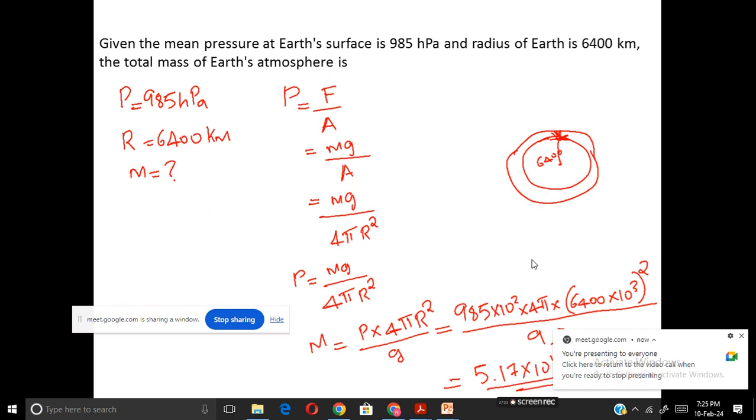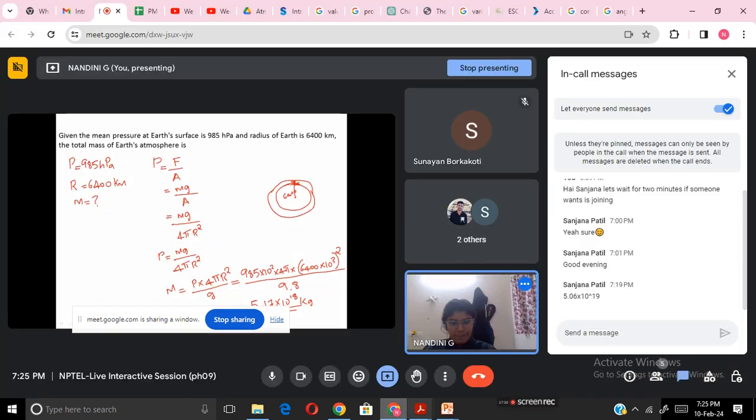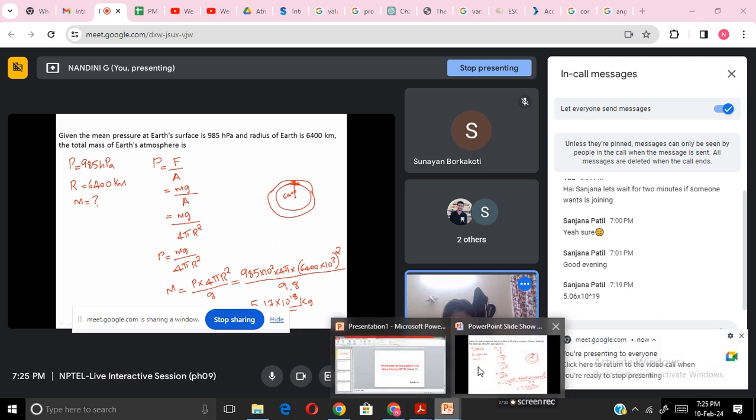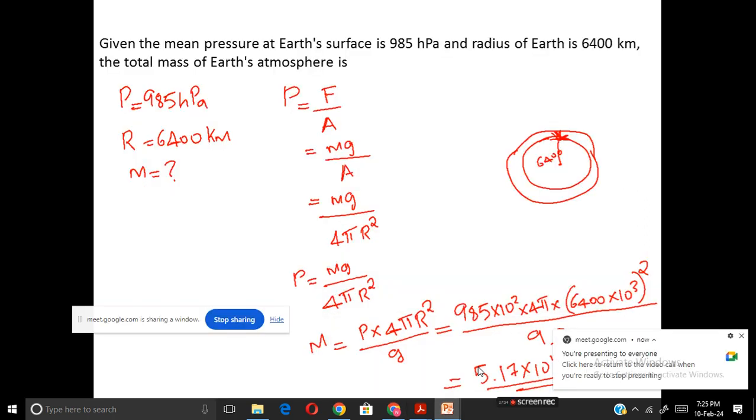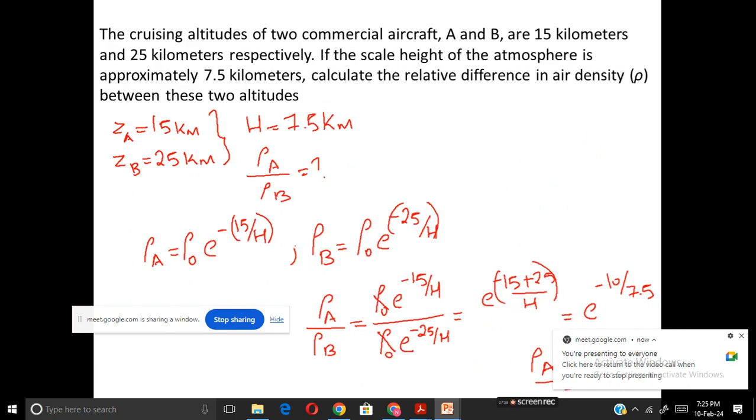Yeah. So just check the power, okay? The mass of the earth is coming as 5.17 into 10 raised to 18 kilograms. Just check the powers.